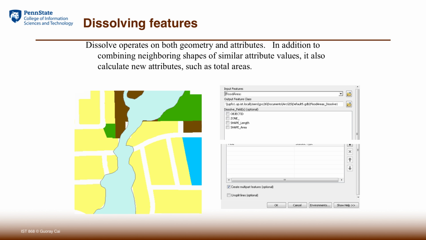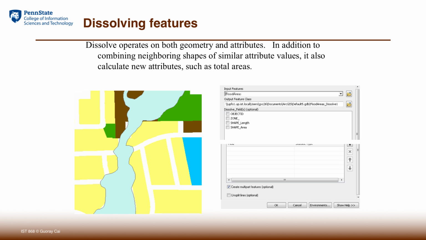The condition can be that the features are just about anything in that category. As long as they are flood zones, we're going to merge them. Or we could decide that certain attributes define the classes. If my neighboring area is the same class as me, we can merge them as a larger area.